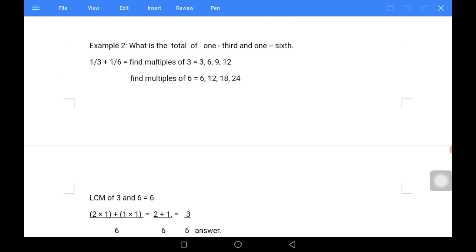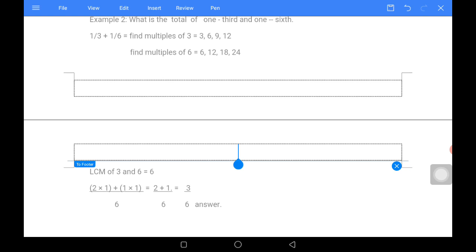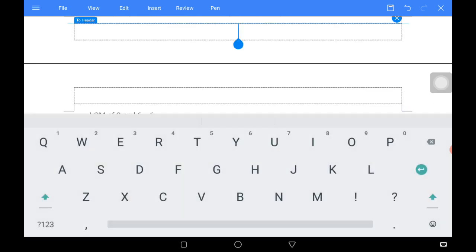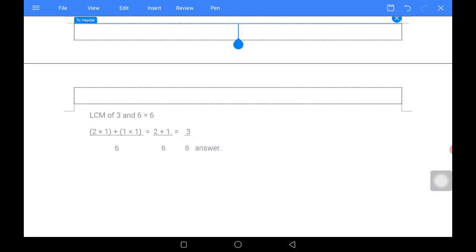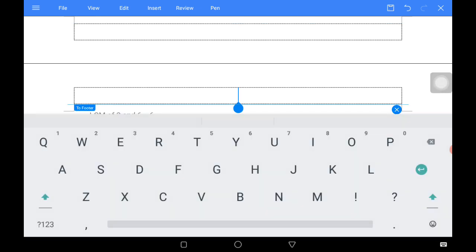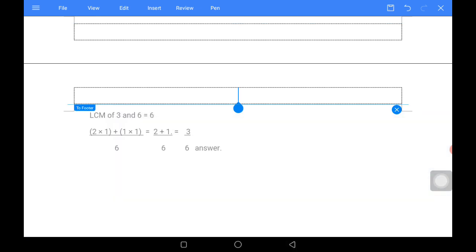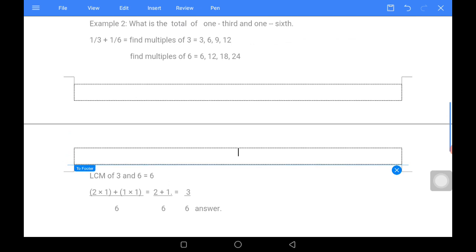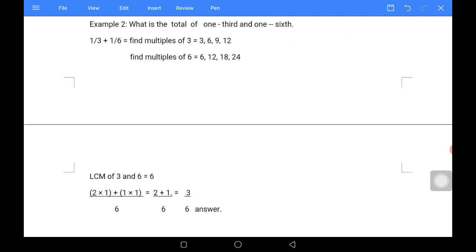You multiply this 1 times 1, the 1 on top of the 6. 2 times 1 will give us 2, plus 1 times 1, which will give us 1. Now, we add the 2 together. 2 plus 1 will give us 3, and our answer will be 3 all over 6.